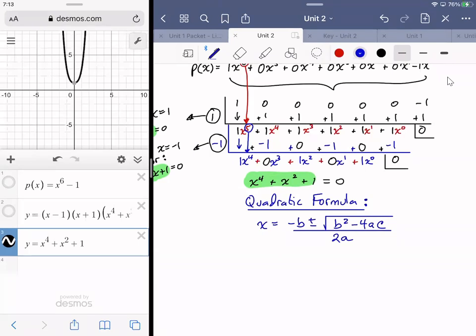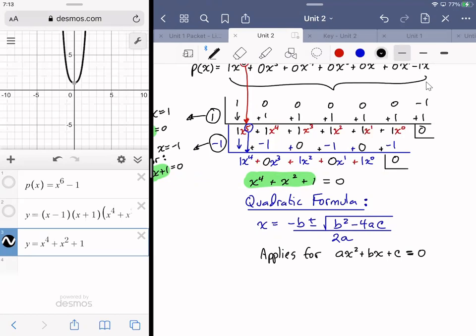All right. Well, this applies for quadratics in the general form of ax squared plus bx plus c is equal to 0. All right. So this isn't quite that, but it's got the same structure.